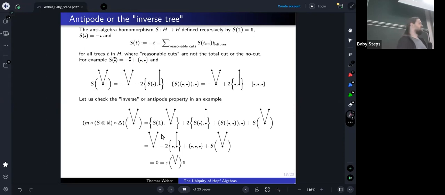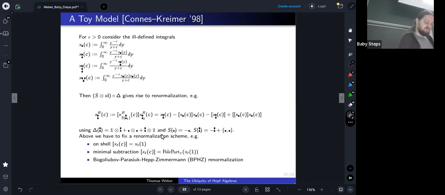Okay, and sorry, could you please go back to the last slide, probably the last one? Yeah, this one. So once you introduce this Hopf algebra of rooted trees, it is fixed once and for all, and then you have written that above we have to fix the renormalization scheme. So this Hopf algebra does not depend on the renormalization scheme, yes, or is it? No. So how I understand this is a way to organize renormalization schemes.